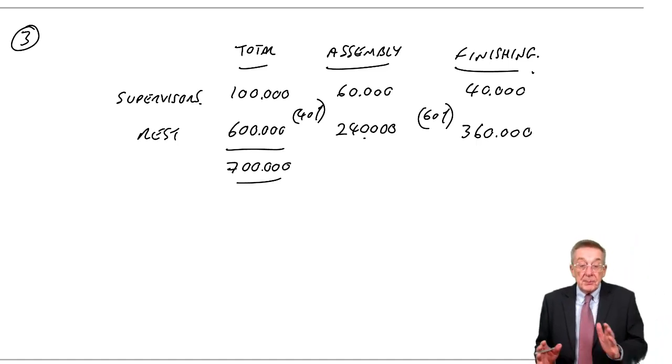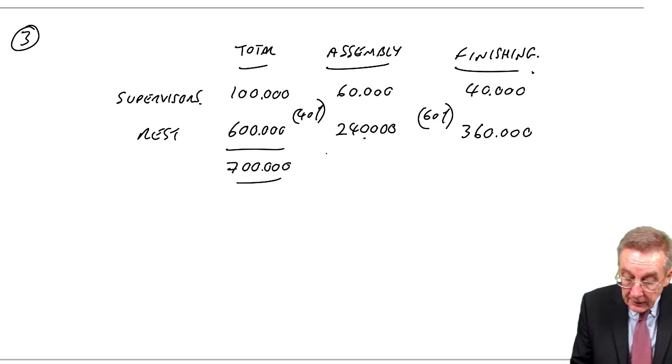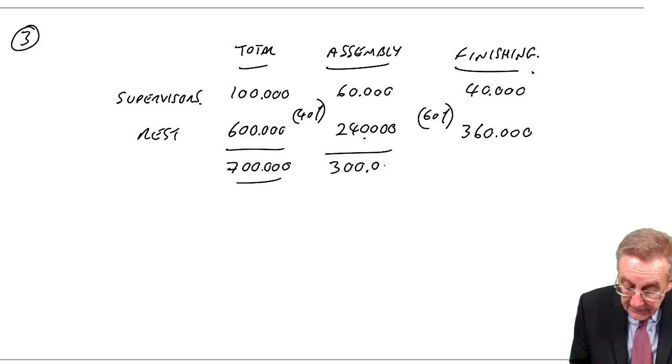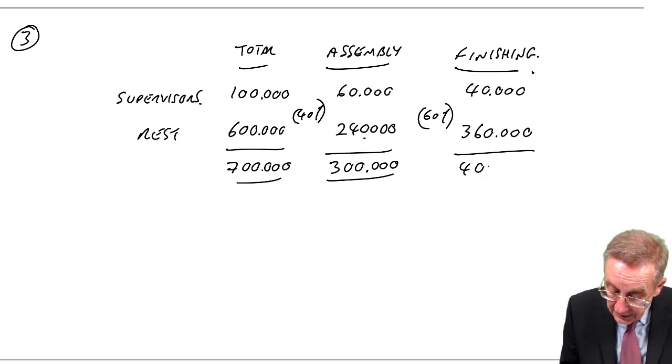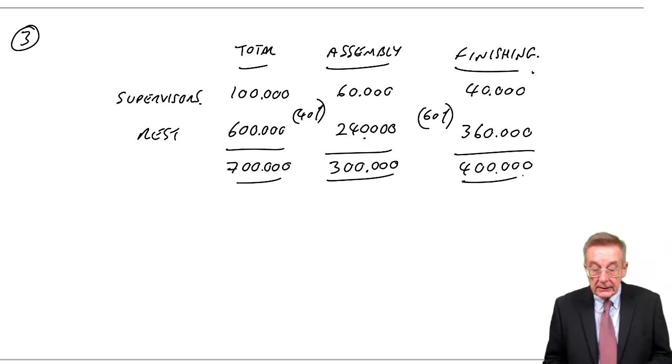And so we've managed to split the 700. We say that 300,000 of it is the assembly department. 400,000 is finishing.